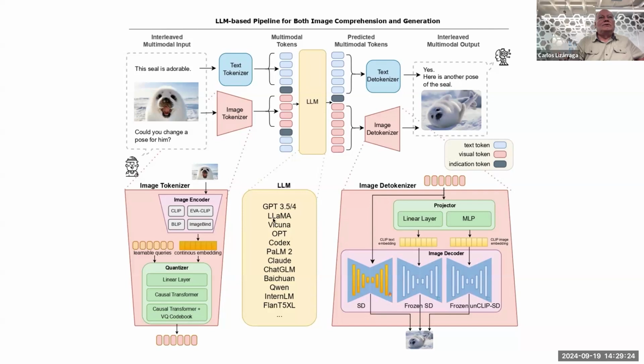And also the image tokenizer will produce the seal in a different position. And this is how the different layers and different transformers and neural networks are involved in order to produce the output, the image output. Okay.